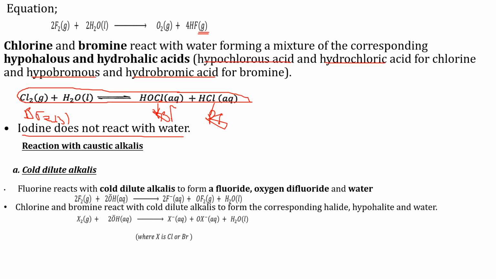So here we are saying that iodine does not react with water, and the reason for this is because of its largest atomic radius. Now, there's a question that can be posed: why is iodine existing as a solid at room temperature whereas fluorine is existing as a gas?